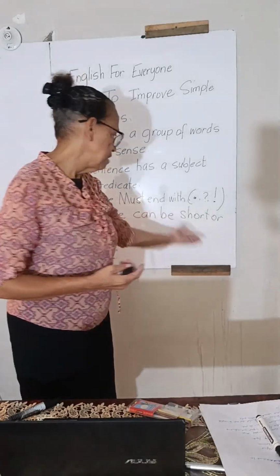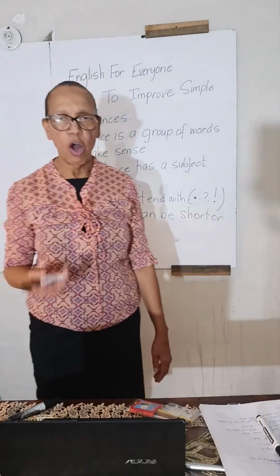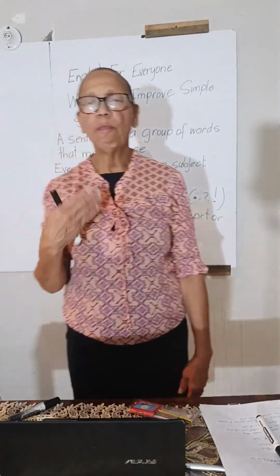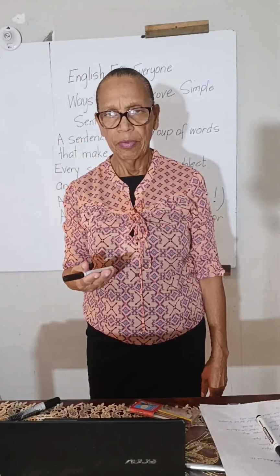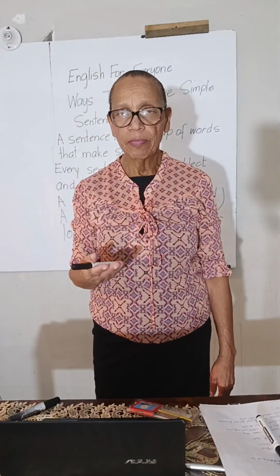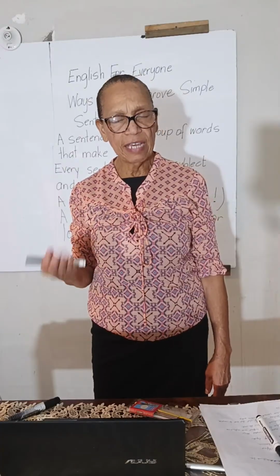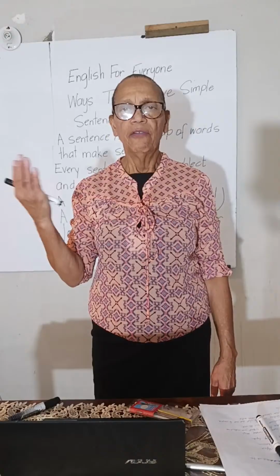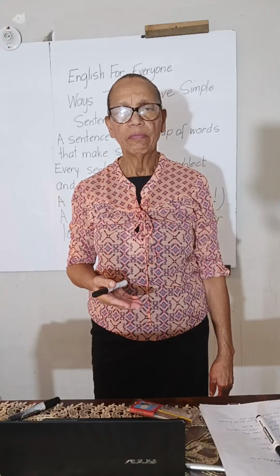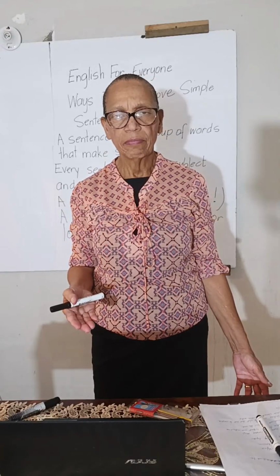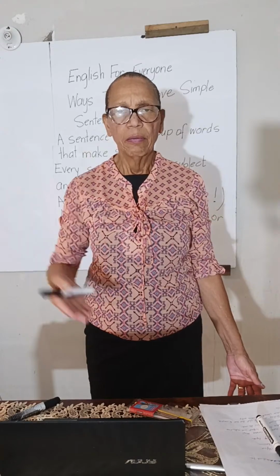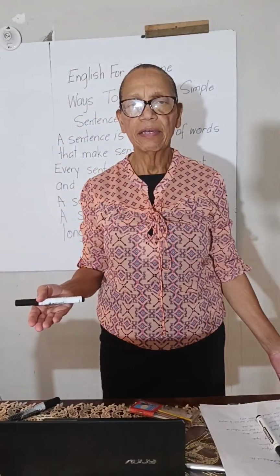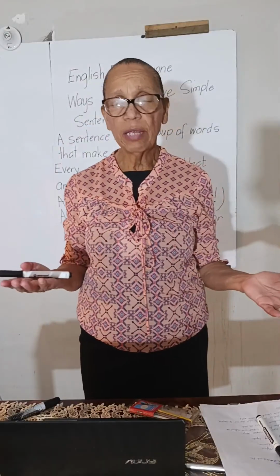And as I said, a sentence can be short or it can be long. But you must have a subject and you must have a verb. If you don't have a verb, then it's not a sentence, it's a fragment. If I say to someone, in the box, by the trailer, inside, you don't know what I'm talking about.